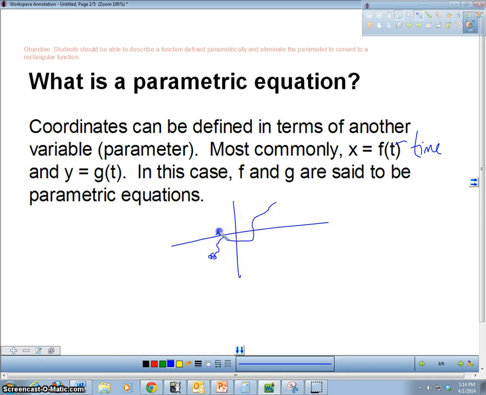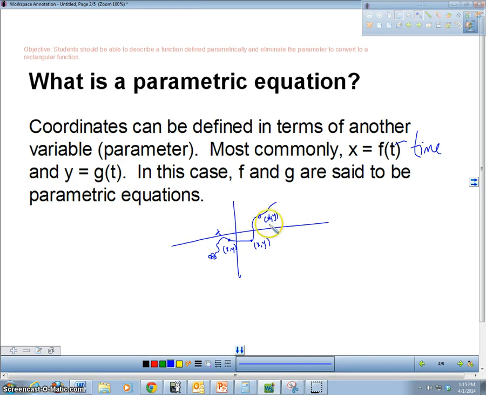After 2 or 3 seconds, the bug's over here, and then after another few seconds, the bug's here, and we've got this path that the bug's following. Well, he's in the x and y plane, so he's got an x and y here, and here, and here. So we can locate this bug anywhere on the coordinate plane.